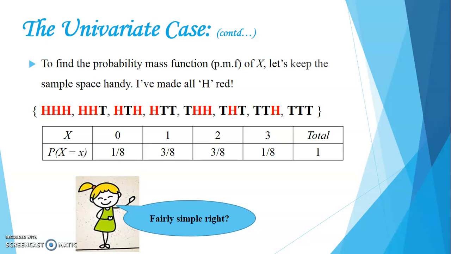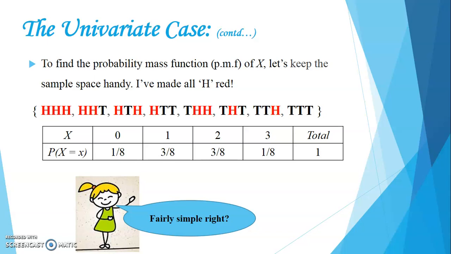Now if you come to x equal to 1, that is when you are going to have only one head, if you notice in the sample space, there are 3 times this particular case occurs. You can have HTT, you can have THT, and you can have TTH. So the number of possible outcomes are 3 divided by the total number of points 8.